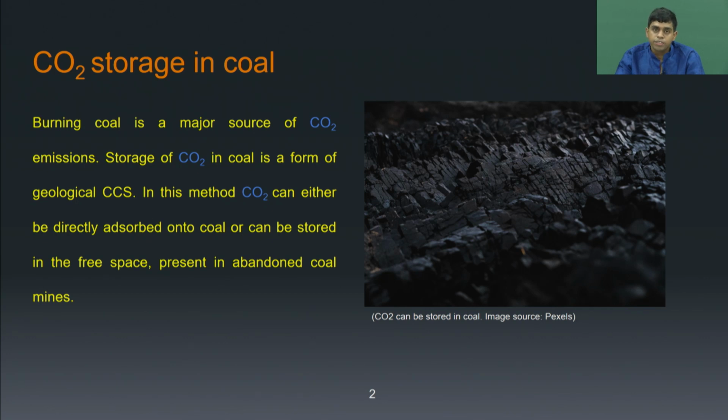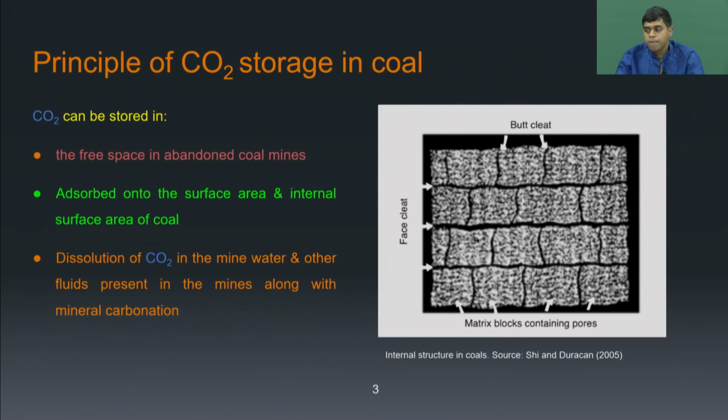CO2 storage in coal is broadly divided into two parts: CO2 storage in abandoned coal mines and CO2 storage in deep unmineable coal seams. There are various methods in which CO2 can be stored in coal. First of all, CO2 can be stored in the free space present in the abandoned coal mines after all the coal has been excavated.